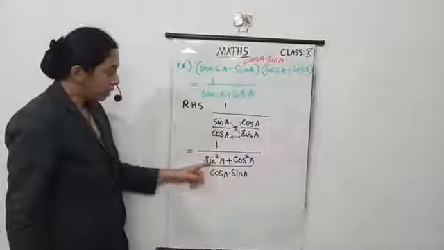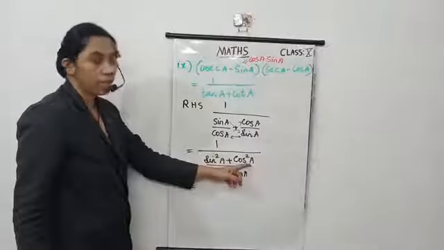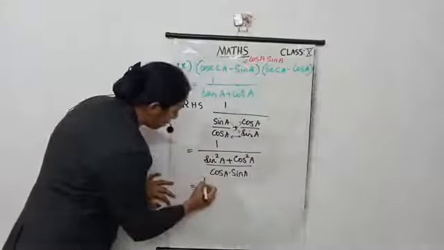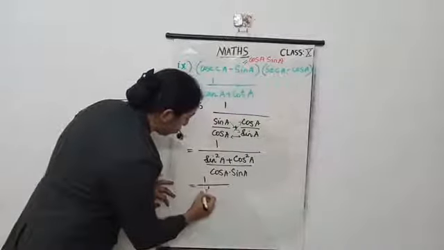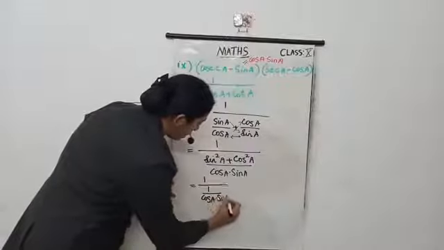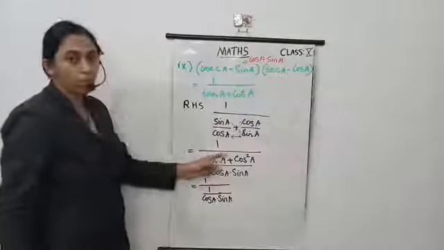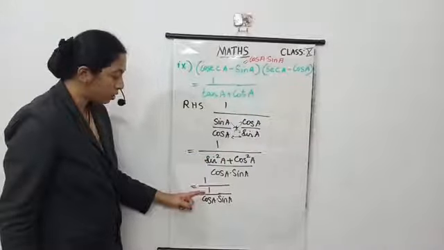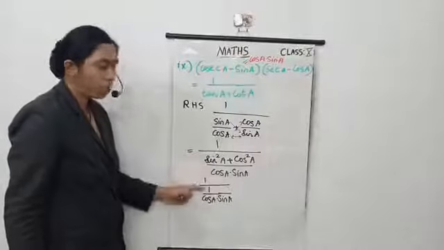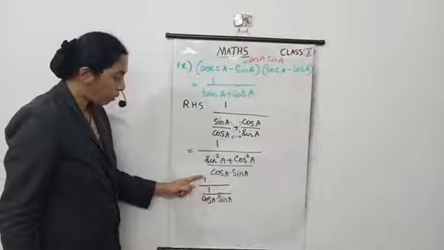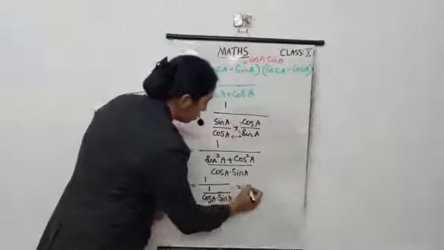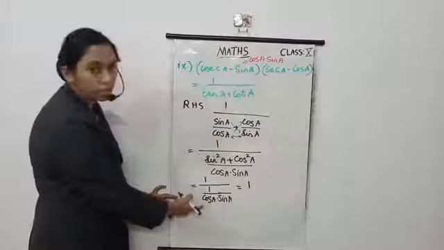Now consider this sin square A plus cos square A. This is an identity, this gives 1. So substitute that value here. So the numerator is 1, and this is 1 by cos A into sin A. Then 1 by this fraction means take its reciprocal.